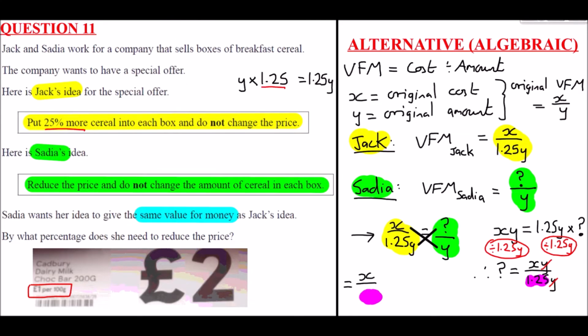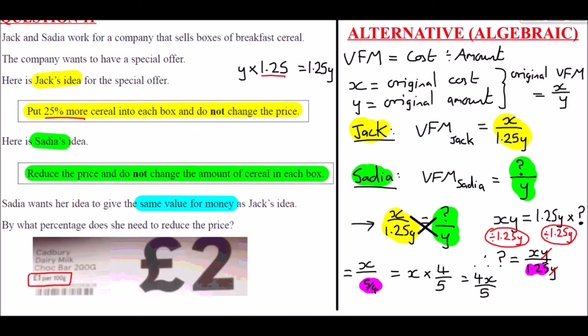So 1.25, that's the same as 5 over 4. If you're dividing by a fraction, that's the same as multiplying by that fraction reciprocated. That's the same as multiplying by 5 over 4 turned on its head. So x times 4 over 5 is 4x over 5.